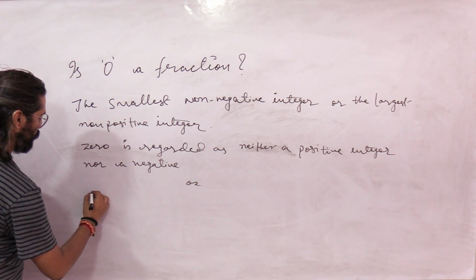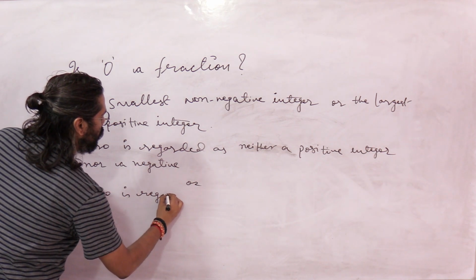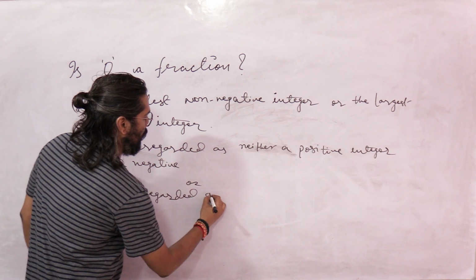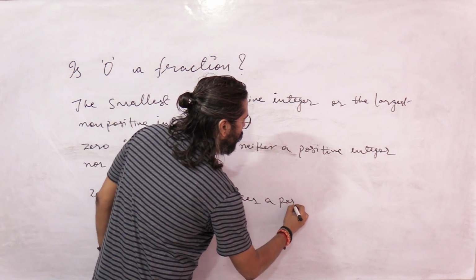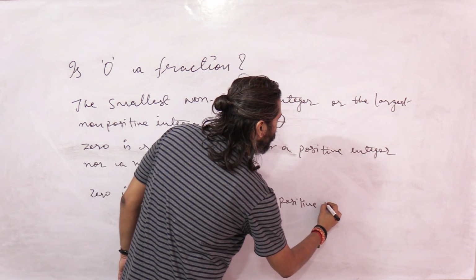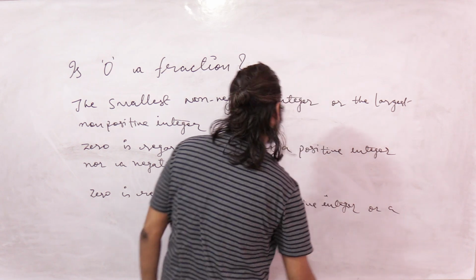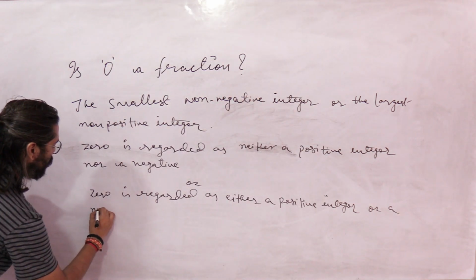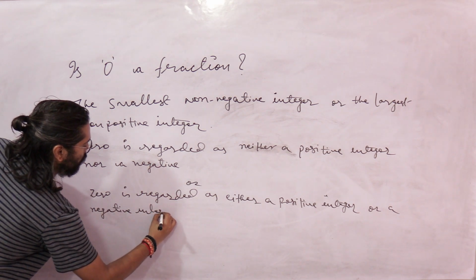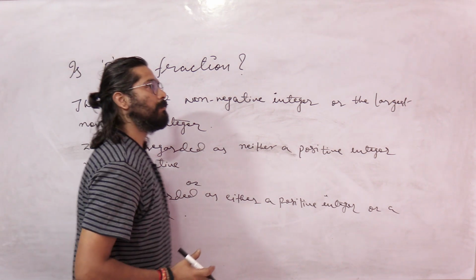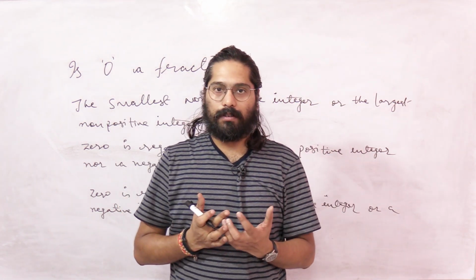That is, 0 is regarded as either a positive integer or a negative integer. Now, in mathematics, 0 is defined as basically an empty number.